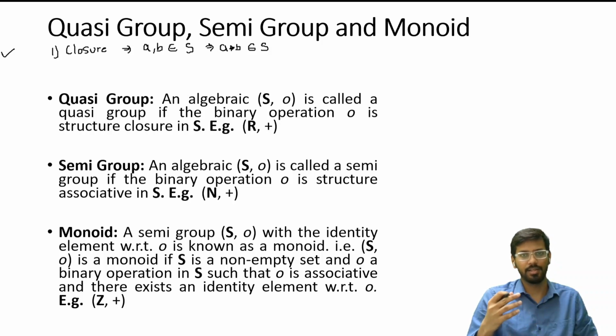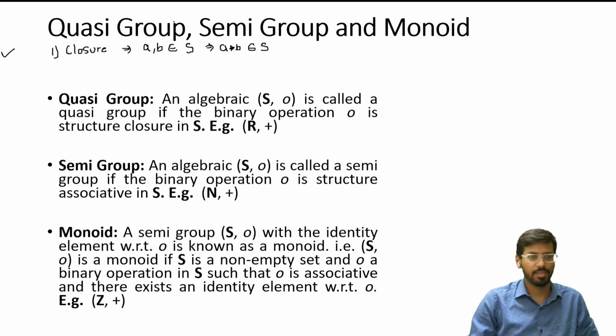मतलब किसी सेट के दो एलिमेंट ए और बी को हम ऑपरेट करते हैं तो ऑपरेशन के बाद जो आउटकम आता है वो भी अगर उसी सेट में बिलोंग करता है तो वो क्लोजर प्रॉपर्टी सेटिस्फाई करेगा. सेकंड इज एसोसिएटिविटी.